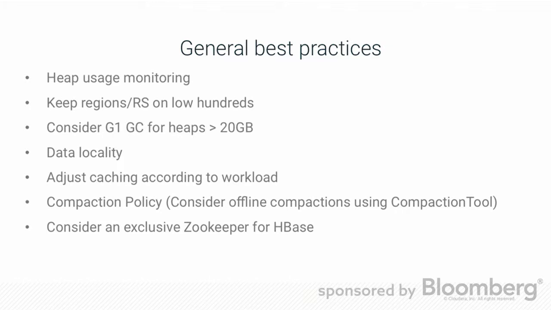To finalize, general best practices to mitigate or avoid these issues completely are: keep monitoring heap usage, keep regions per region server in the low hundreds, and consider G1 GC if you start to require heap sizes larger than 20 gigabytes.